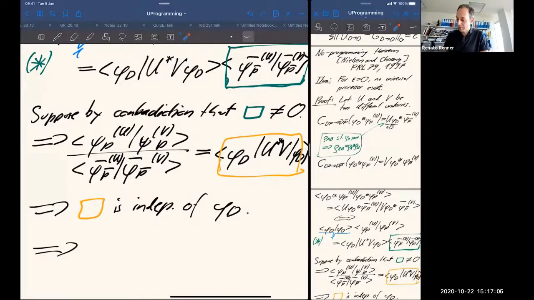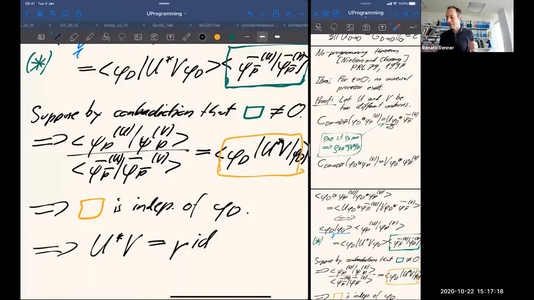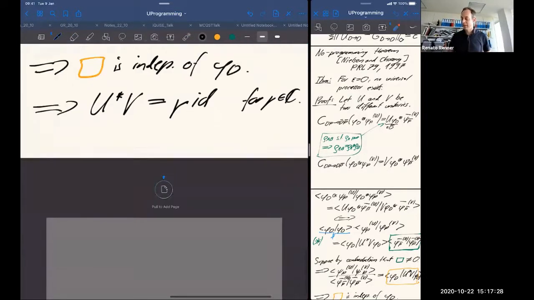So it follows that u dagger v must essentially be the identity up to some factor gamma. If you sandwich some matrix with the state and the result should be independent of the state, then the matrix can only be the identity. That's the claim here. That's also easy to see.